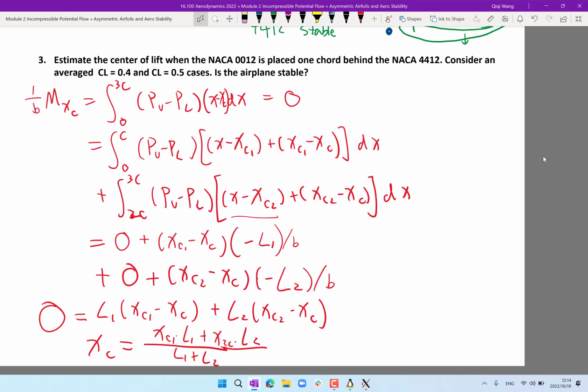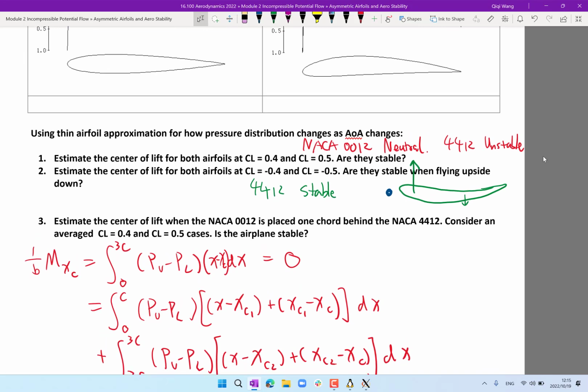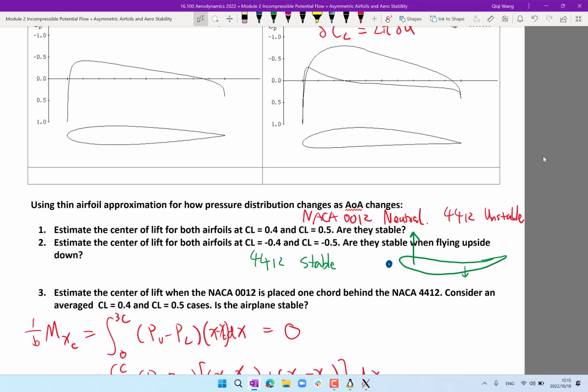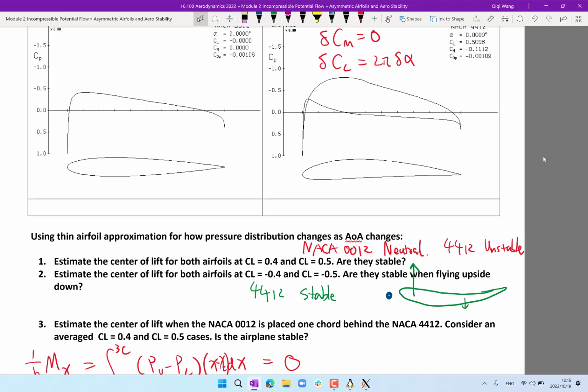Okay, so now let's figure out what the lift is of this airfoil and this airfoil if the average between these are 0.4 and 0.5. How do we figure that out? Any suggestions?